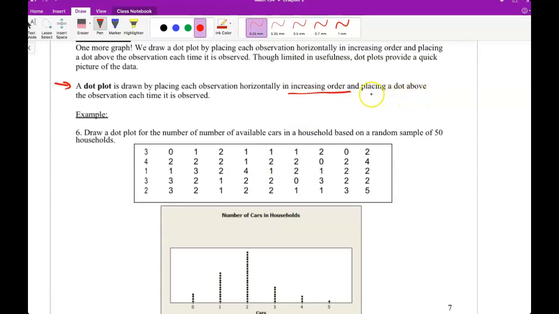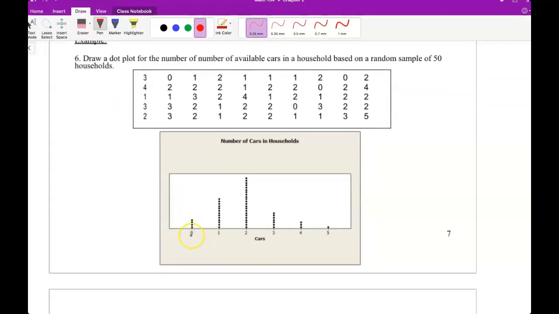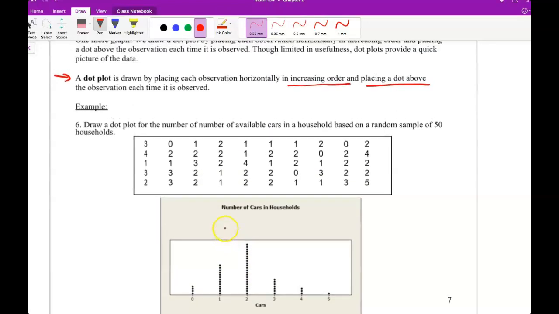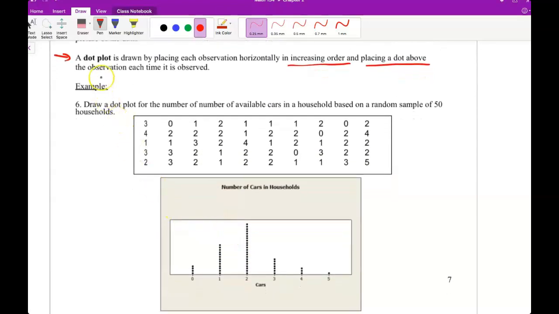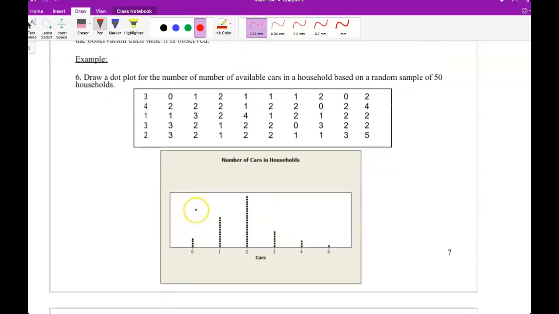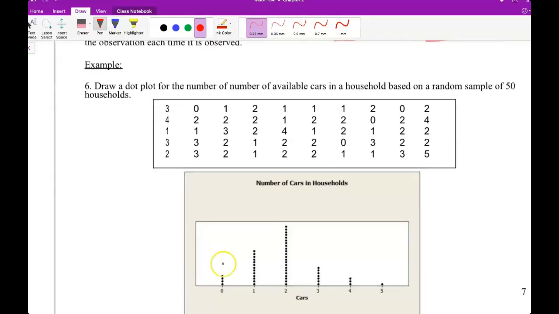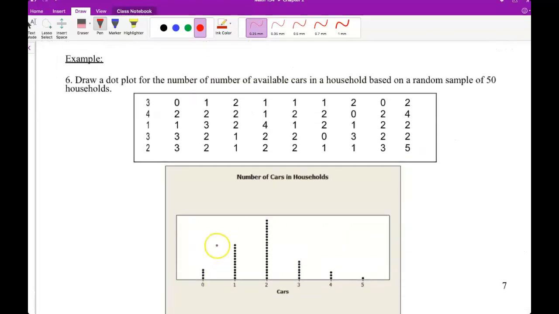Okay, placing a dot over each observation. First, these are the number of cars: we have 0, 1, 2, 3, 4, 5, and we're going to place a dot above the observation each time it is observed. So for 0 cars, the frequency was 4. That's why we have 4 dots above 0 cars.